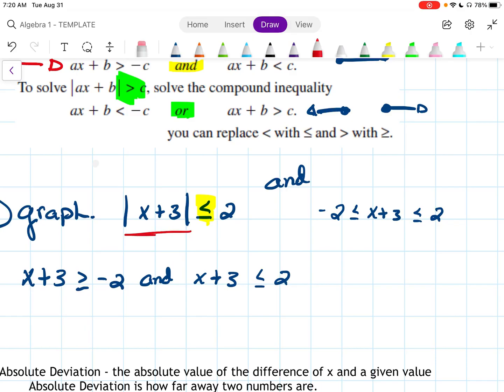Looking here, this tells me the absolute value of x plus 3 is less than or equal to 2. That means it's wedged between positive 2 and negative 2 because of the way the absolute value bars work. I will normally do it this way because I think it makes more sense and it works a little bit faster.